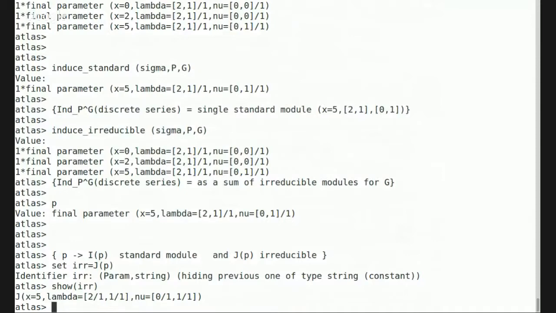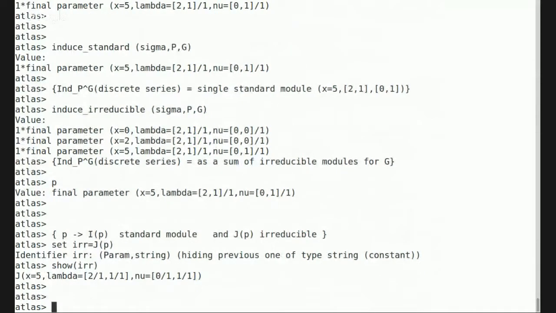And what it does is hardly anything here, except that it's putting this letter J at the beginning to emphasize that this is an irreducible representation, J, associated to this parameter. The parameter is exactly the one we've been talking about. And the J indicates that we're talking about an irreducible representation here.